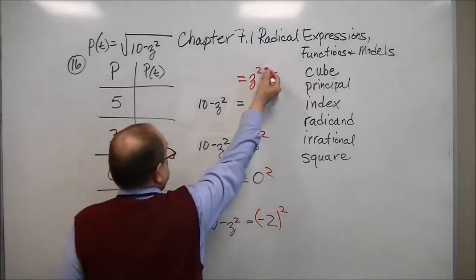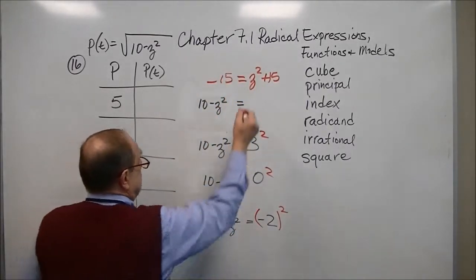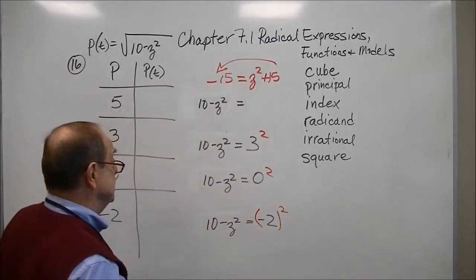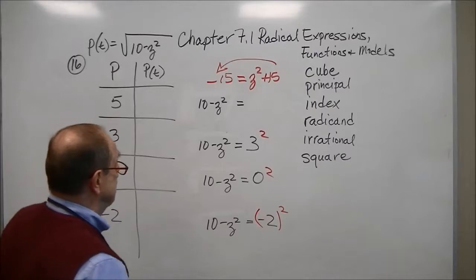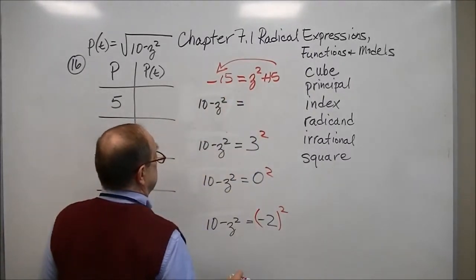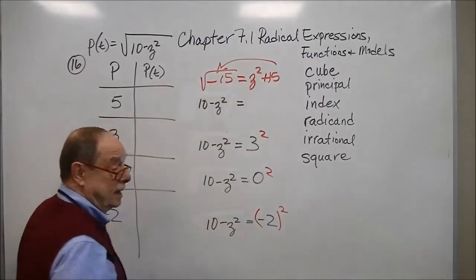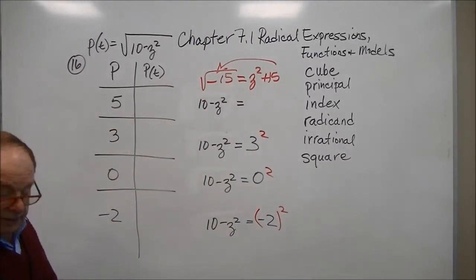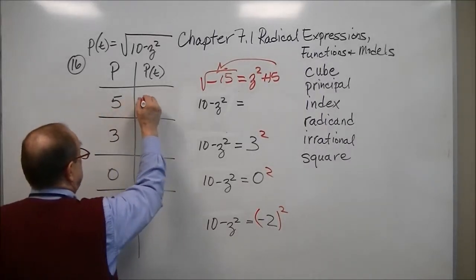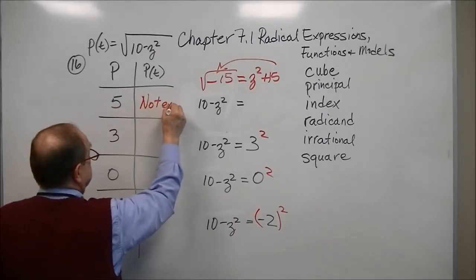And then when we transpose that, that becomes a -15. And then we say, wow, we have z squared equals -15. And then you take the square root of that and you have a negative under the radical sign. So when that is 5, it does not exist.